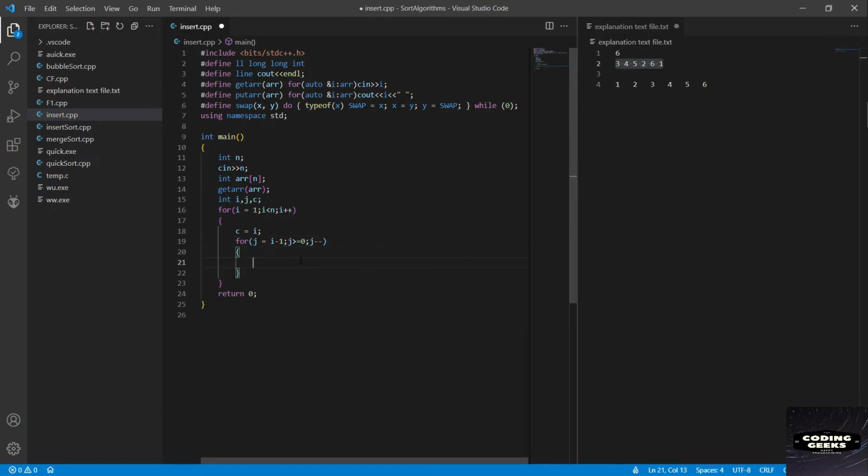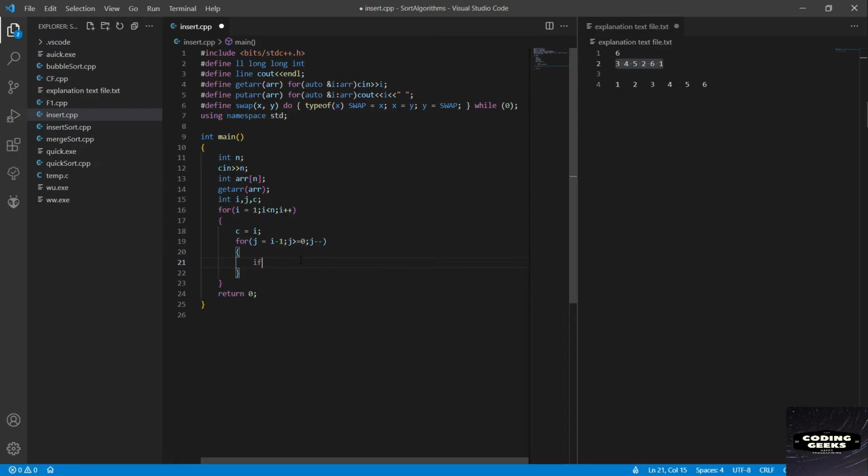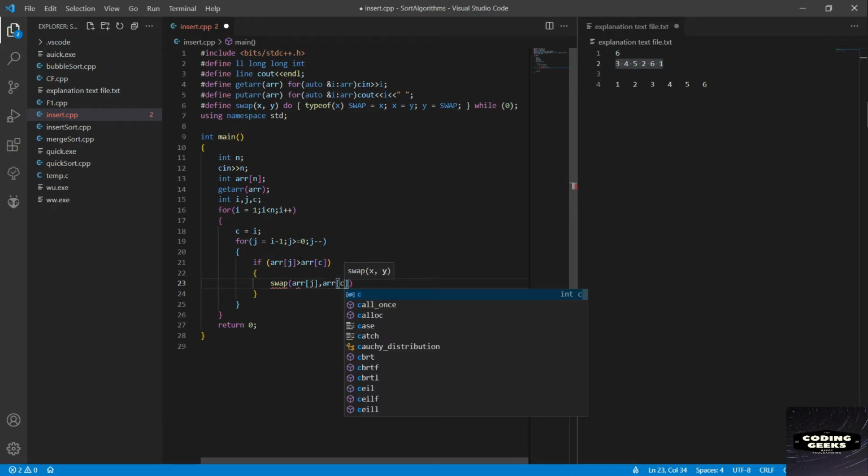So now what I'm going to do here is swap these two things. Wait, I'll have to first establish the condition if it's met or not. So if arr of j is greater than arr of c, then I'm going to swap these two values, arr of j comma arr of c, and that's it for the swapping.